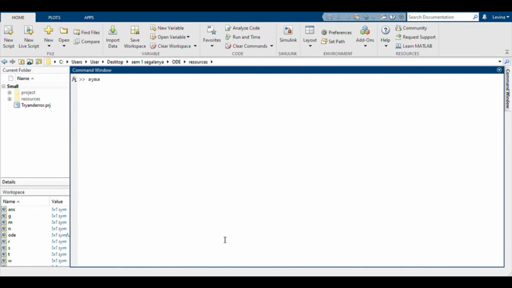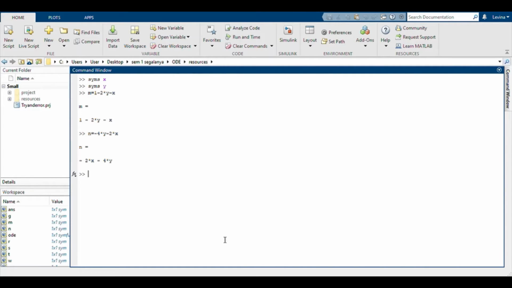Syms x to represent x, syms y to represent y, then we assume m as 1 minus 2 times y minus x. Next, we assume n as n equals to negative 4 times y minus 2 times x.